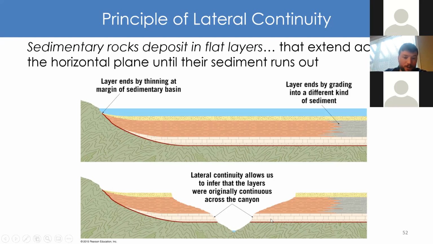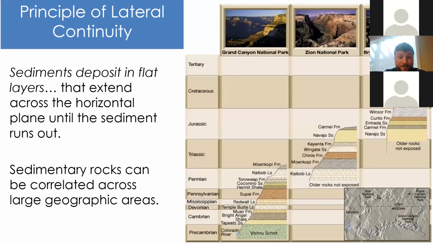If we don't have a good outcrop on the left side and maybe we see it on the right side, that can help us map things out. It also tells us that the river had to come after all of those rocks were deposited and formed and lithified, right? The river had to have something to cut through. So that tells us something as well. So this is a really good example.